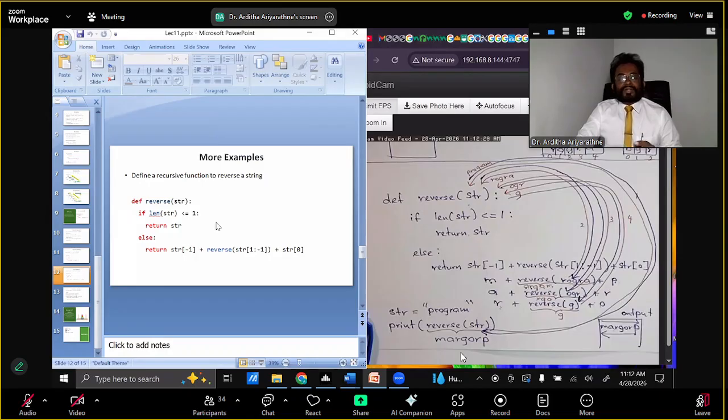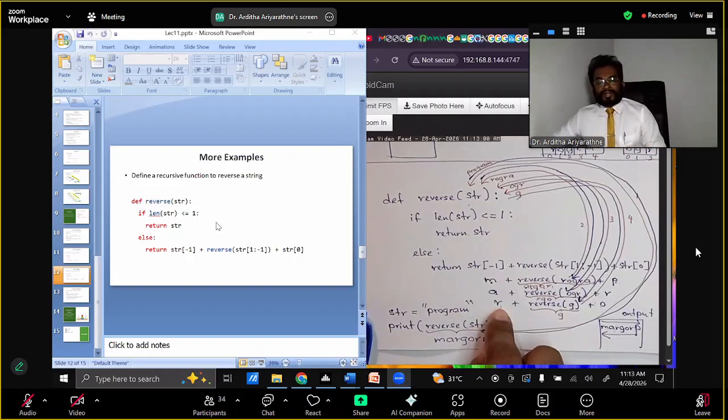Right. So one student is asking, sir, can we also make the condition as return str minus 1, then reverse 0 up to minus 1? Right, let's see.